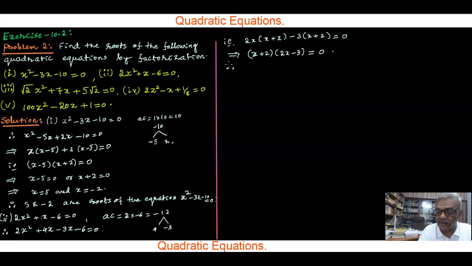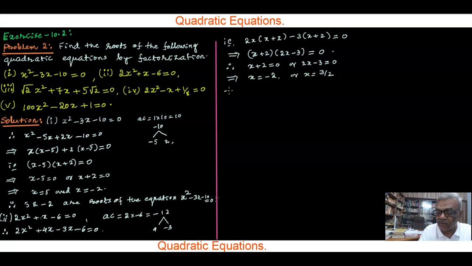And thus x plus 2 equal to 0 or 2x minus 3 equal to 0, or both may be 0. And this implies x is equal to minus 2 or x is equal to 3 by 2.